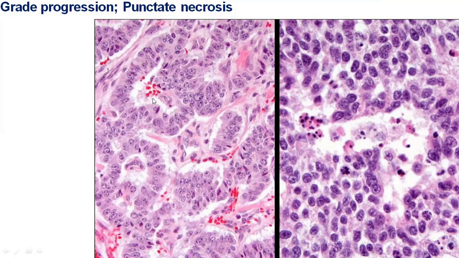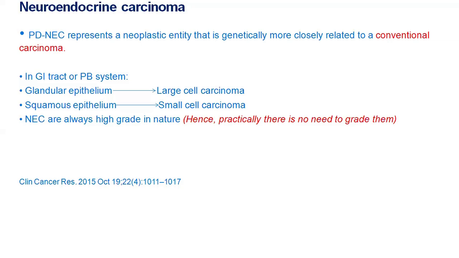On the left hand side, we see some pseudoglandular architecture, salt and pepper type of cytology, and some capillary formation in the stroma, while on the right hand side we see punctate necrosis, which shows that the tumor is progressing within the same lesion, going from lower grade to higher grade.